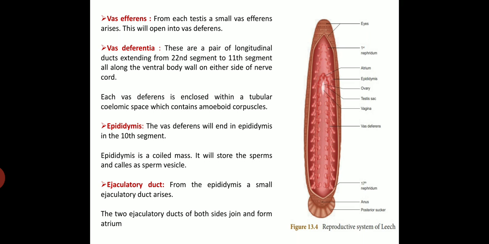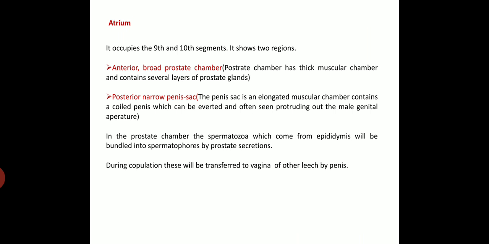Next it is the ejaculatory duct. From the epididymis, which is present in the 10th segment, a small ejaculatory duct arises. The two ejaculatory ducts of both the sides join and form the atrium. Here in this picture you can see the presence of the atrium.